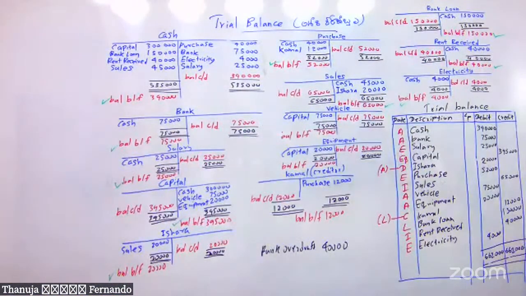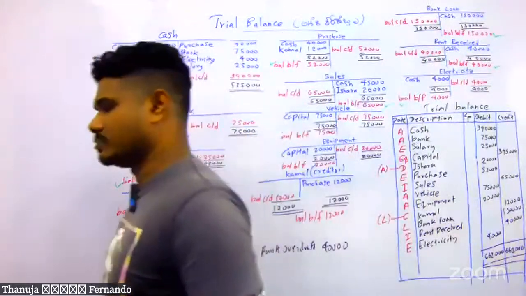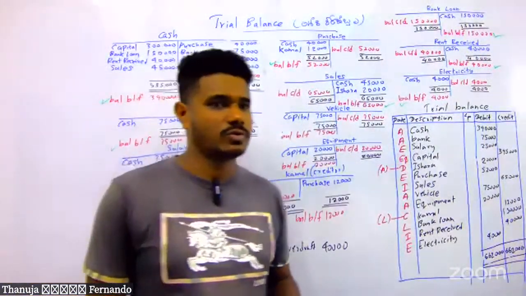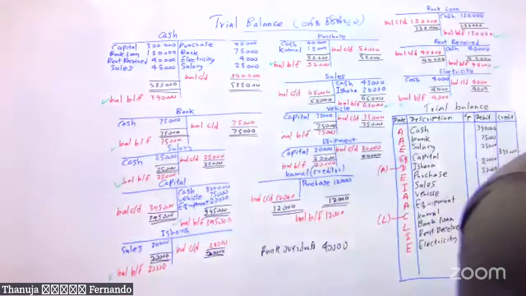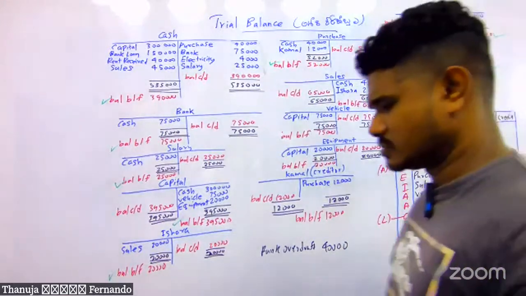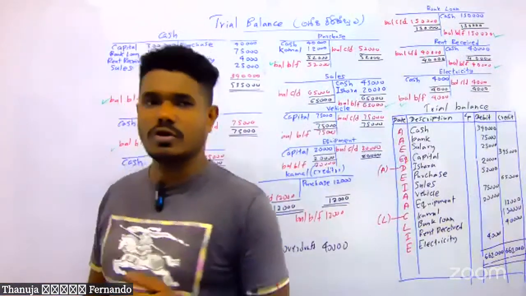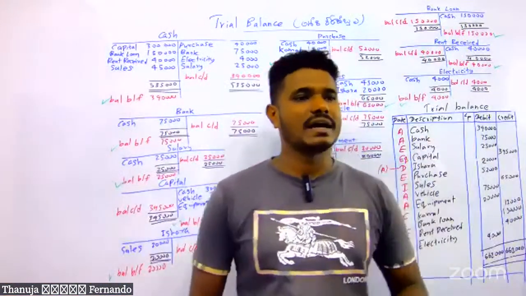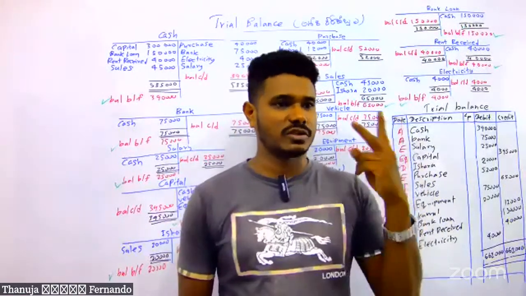Okay, now the 11th lesson is over. I'll send you some activities, then you can do them as your homework. I have already sent you some homework. In that homework, you have to prepare the trial balance too. There are 3 main questions.